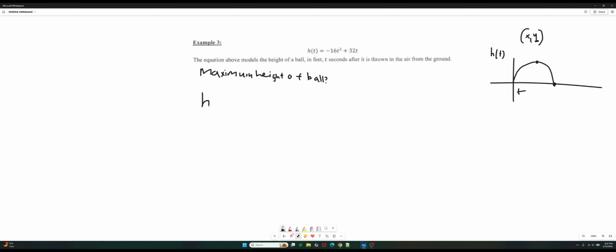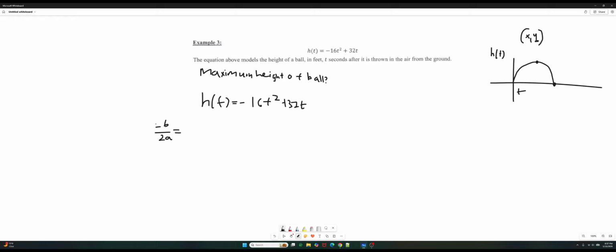So first we need to find, yeah, let me write out the equation first. So we need to use the vertex formula, negative b over 2a, to find the x value, then plug it back in to find the y value.